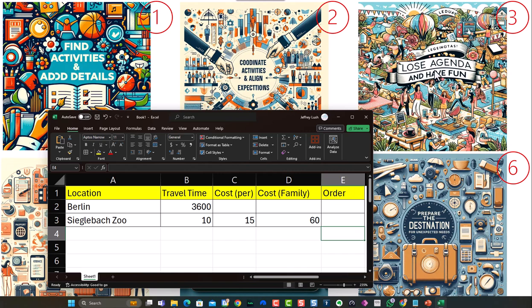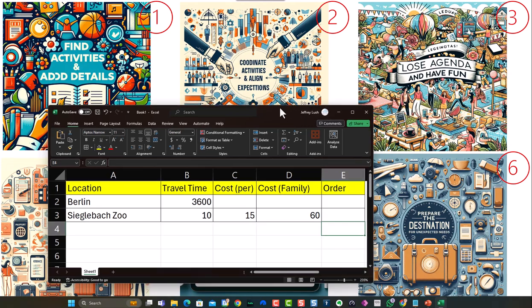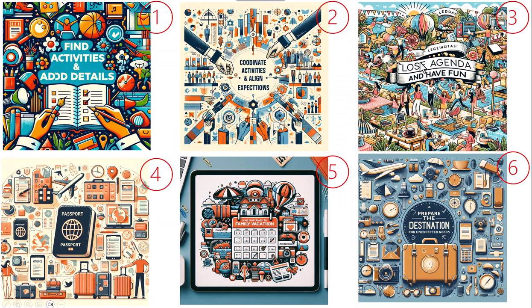The third thing is to have a loose agenda and have fun. For those of you that know me, you're thinking, oh, really? He really put that in as a step? Because perhaps I'm not known to have a loose agenda. But loose agenda and have fun. And oh, by the way, these are all AI generated images here.